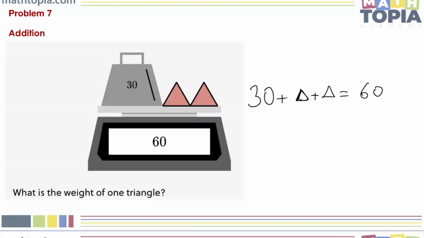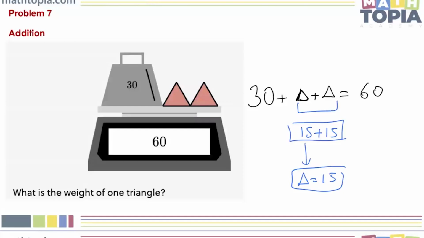So I think it's 15 because 15 plus 15 equals 30, and 30 plus 30 equals 60. That is correct. The value of one triangle has to be 15, which is going to add up to 60. It's a kind of equation problem.